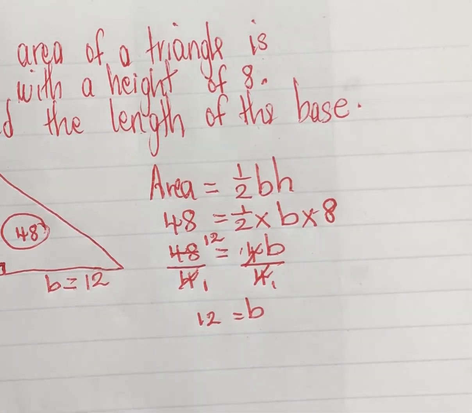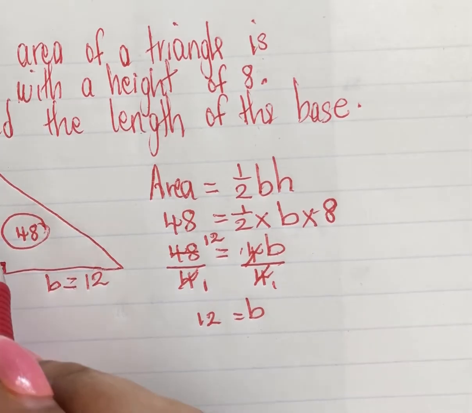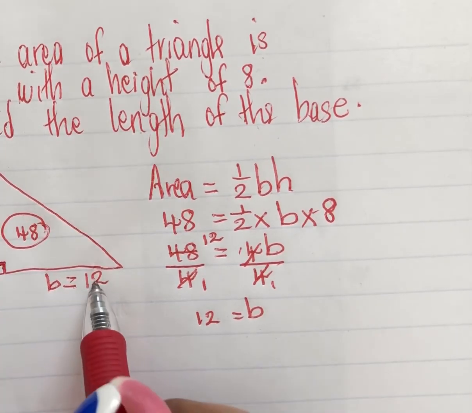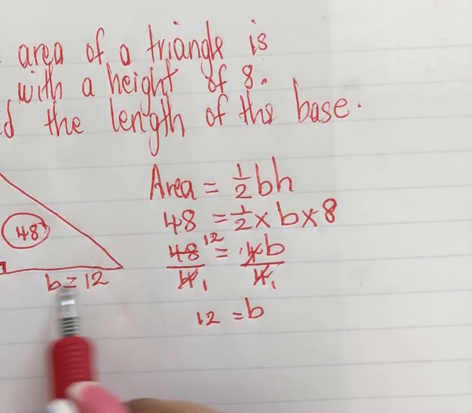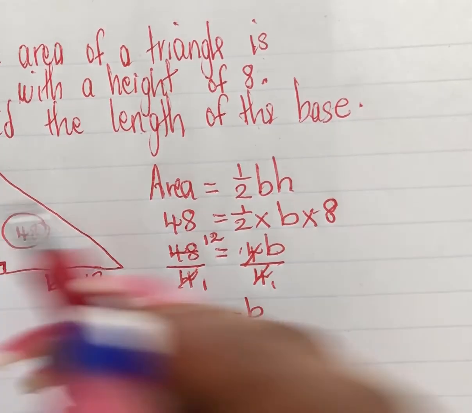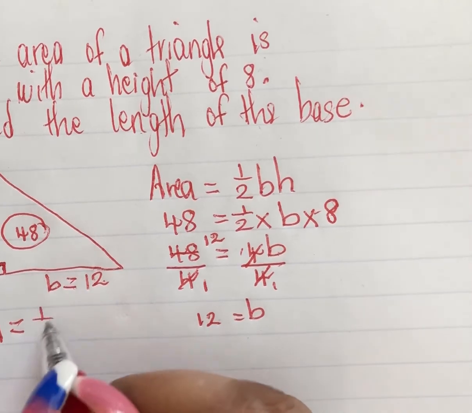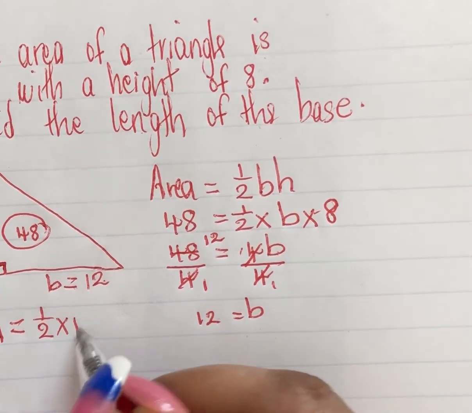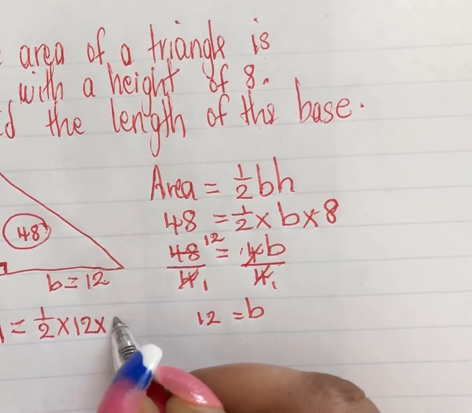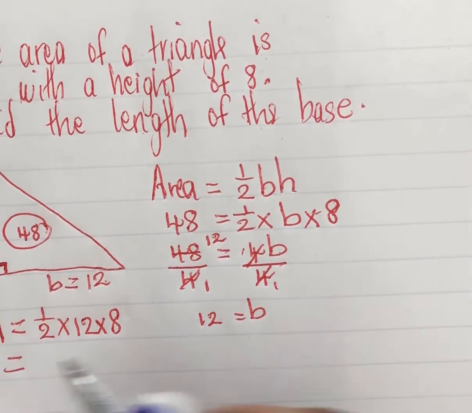Okay? And we can check to ensure we're correct. So let us check. Had I given you 8 and 12, 12 our base, 8 our height, and I asked you to find the area of the triangle. Half times base times height.